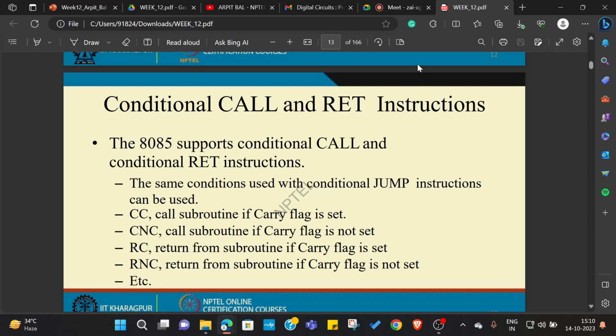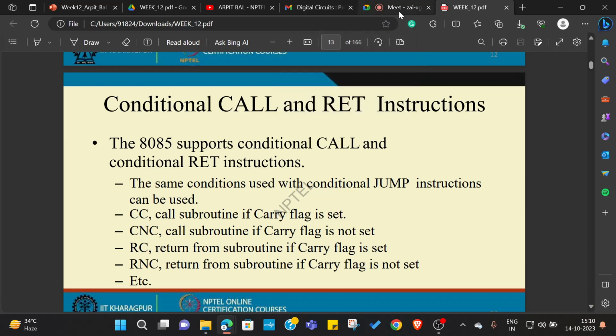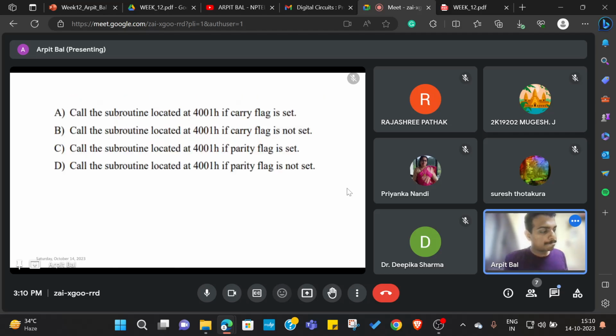Okay, so CNC 4001H means call subroutine if the carry flag is not set. But what happens when this instruction is encountered by the 8085 microprocessor? It will basically call the subroutine that is located at the 4001H location if carry flag is not set, right, because we are using CNC.